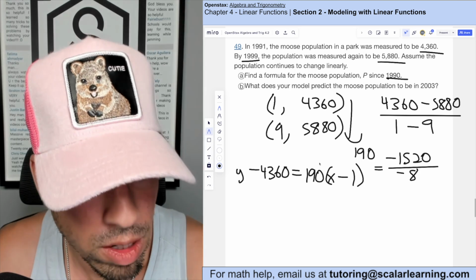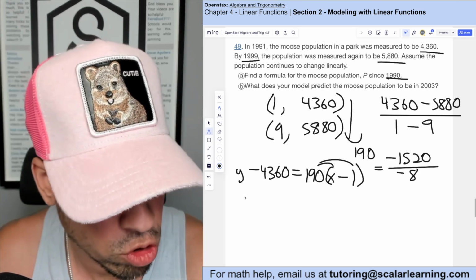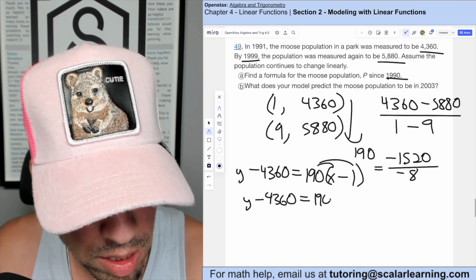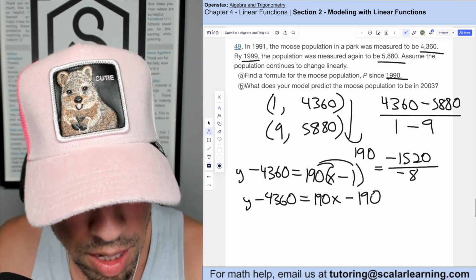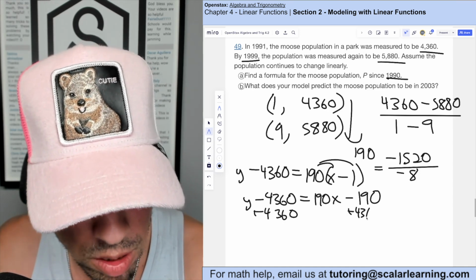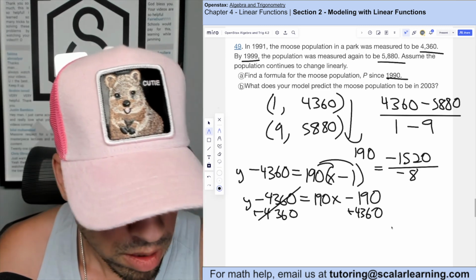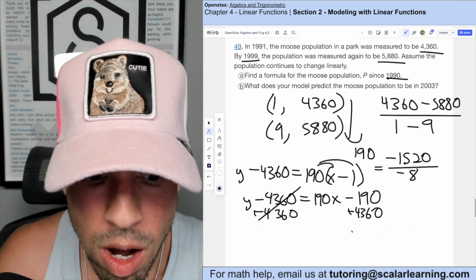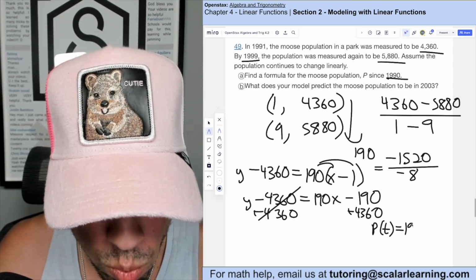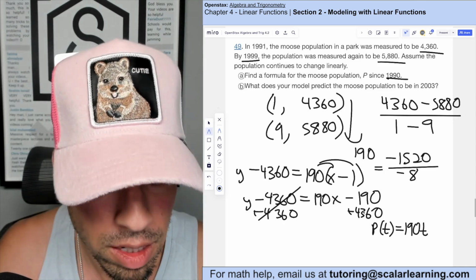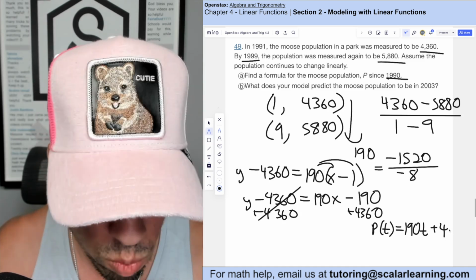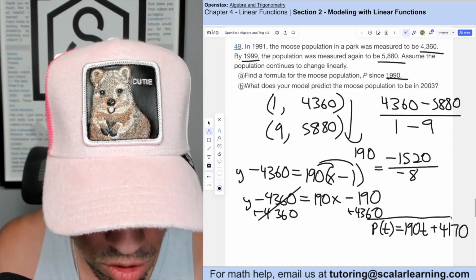And now to get this final equation in slope-intercept form, we're going to distribute, and we get y minus 4360 equals 190x minus 190, and then we're going to add 4360. So once we add this together, instead of y, now I'm going to change it to P of t, right? It's a function of t. I get P of t equals 190t, and then 4,360 plus negative 190 is 4,170. So there's my answer for part A.